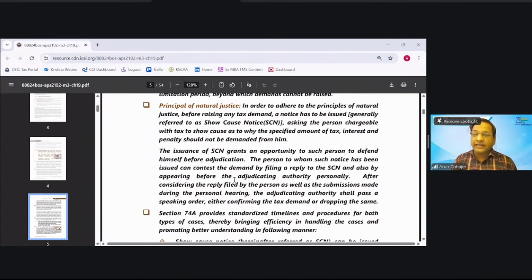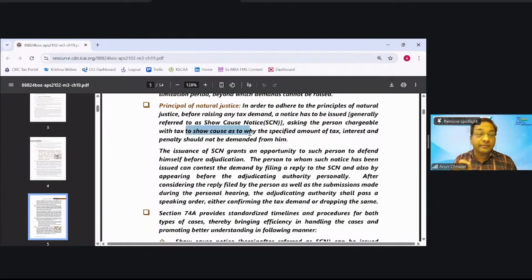In order to adhere to the principle of natural justice, before raising the demand, a notice has to be issued. Generally referred to as show cause notice, asking the person chargeable with the tax to show cause as to why the specified amount of tax, interest, penalty should not be demanded from him.